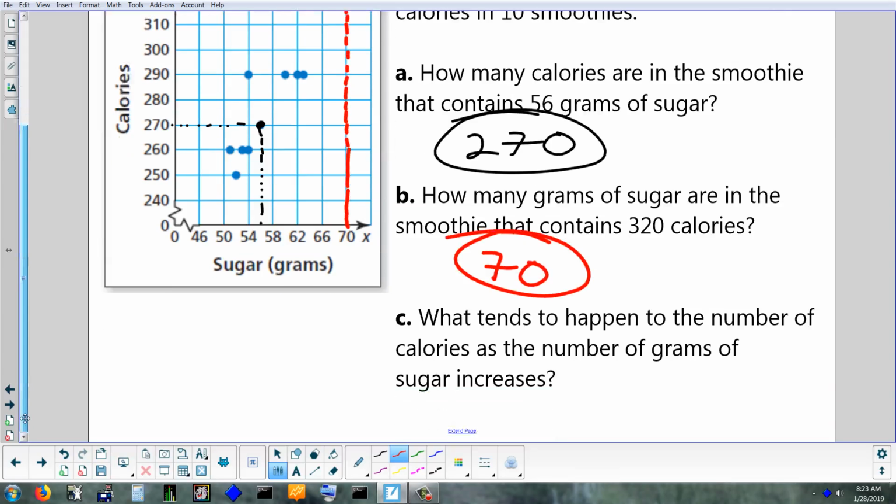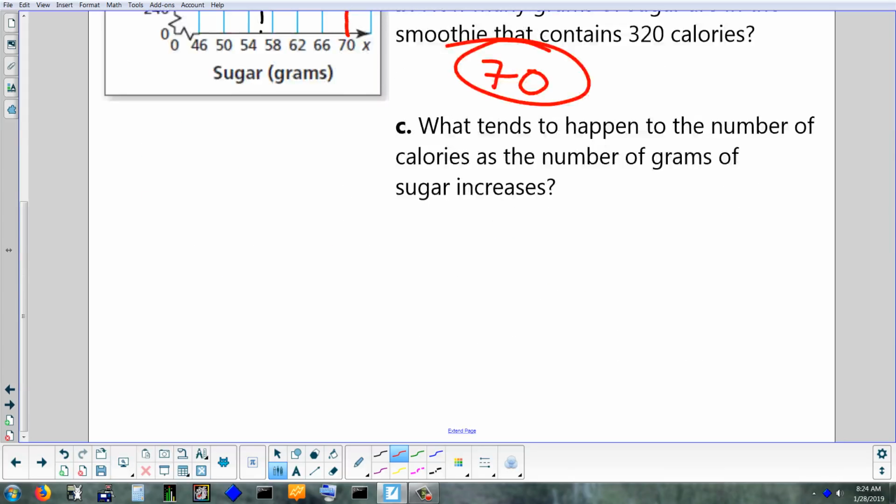All right, so now part C. It says, what tends to happen to the number of calories as the number of grams of sugar increases? So here's where you're actually describing the pattern. All right, so when we describe it, write a nice, full sentence. Don't just write one word like down or up.